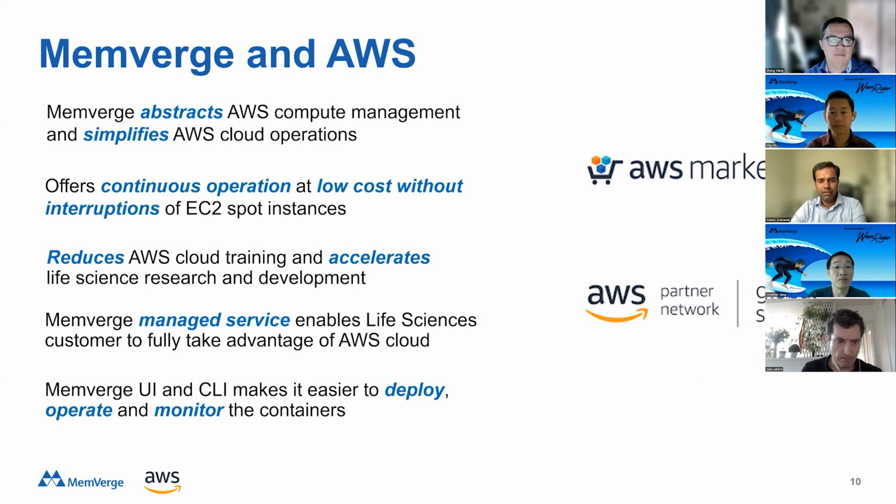In addition, whenever a new customer wants to get started with Memverge, they are also listed in the AWS Marketplace, which makes procurement and subscription a lot easier. And once procurement is complete, the entire AWS experience is abstracted via the Memverge platform, making it easier for life sciences research scientists to get started with the research activity and not with the engineering-related capabilities.